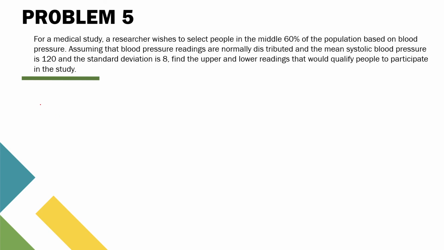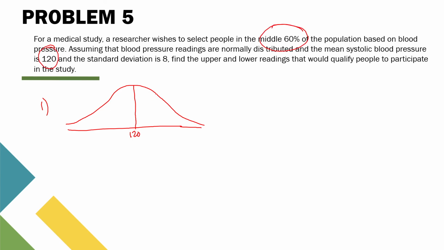What we're going to do is first illustrate the problem. If the mean is 120 and that is the middle 60%, then this part is 30% and this part is 30%.